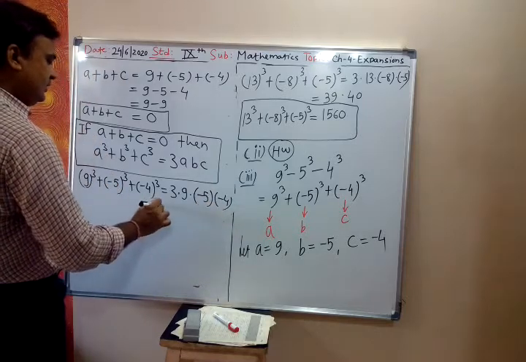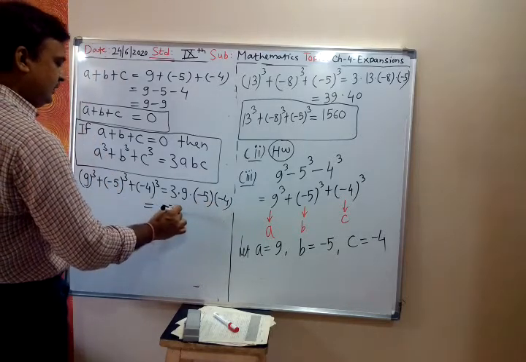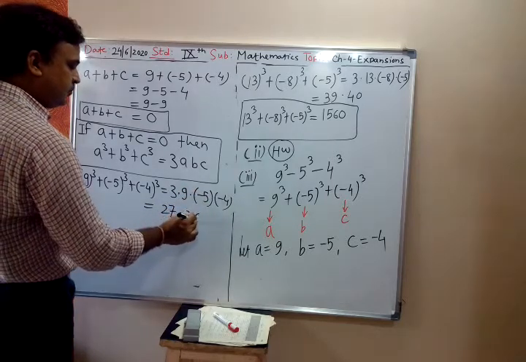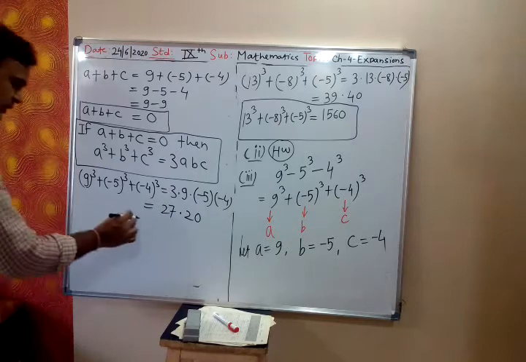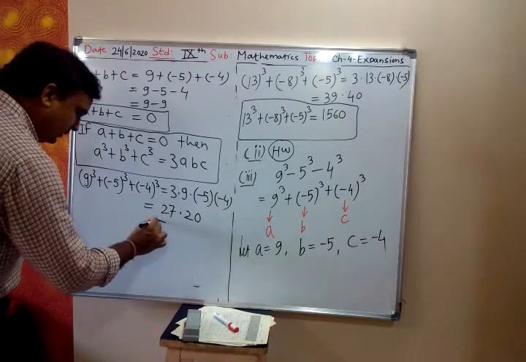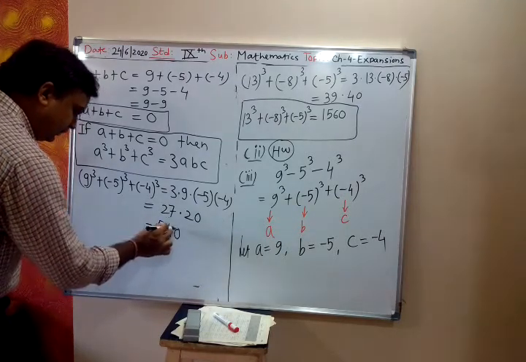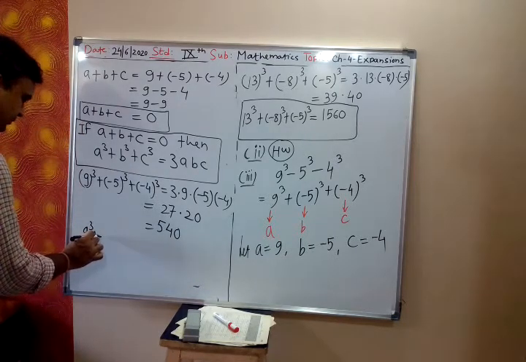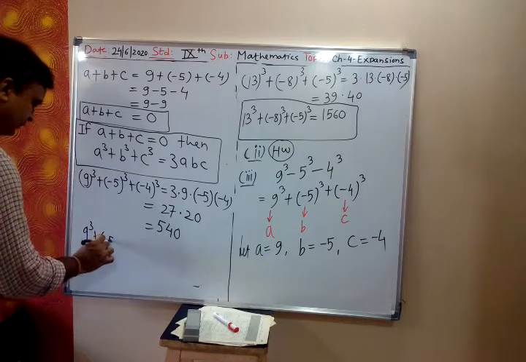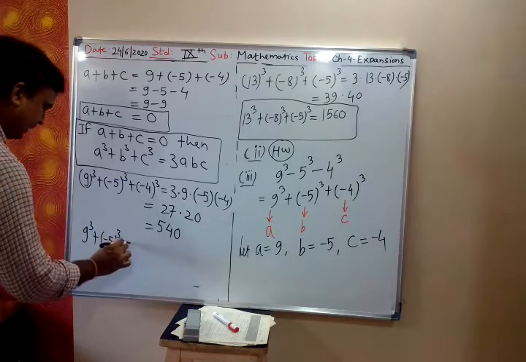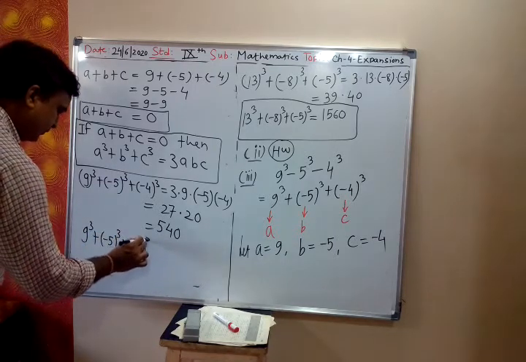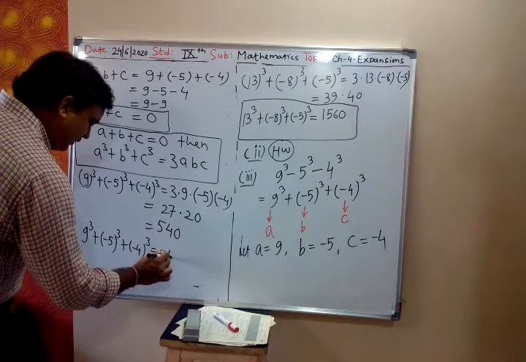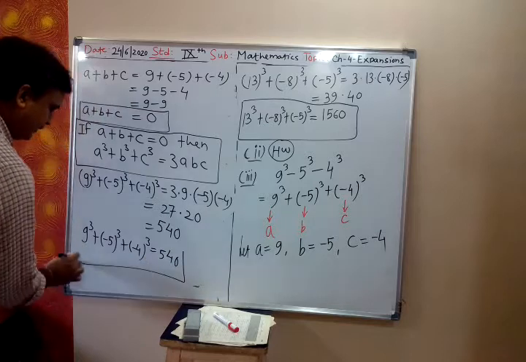So 9 into 3, 27, into minus into minus plus, 5 into 4, 20. So 27 into 20 is 540. So 9 cube plus minus 5 cube plus minus 4 cube, the answer is 540.